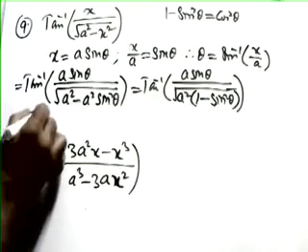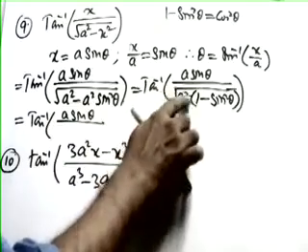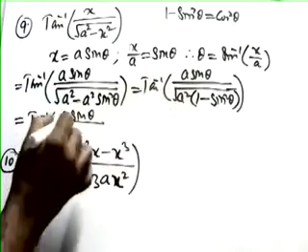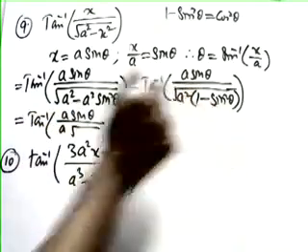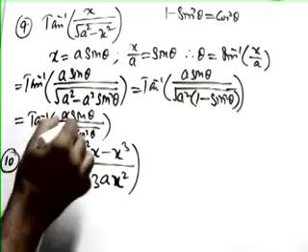Now watch carefully, equals tan inverse of a sine theta divided by a under root of 1 minus sine square theta, which is cos square theta, since square and root get cancelled.